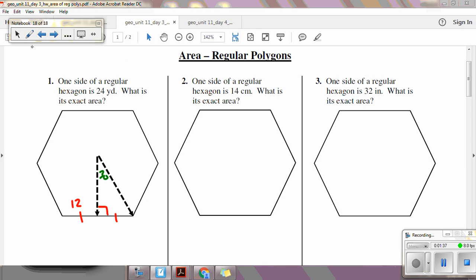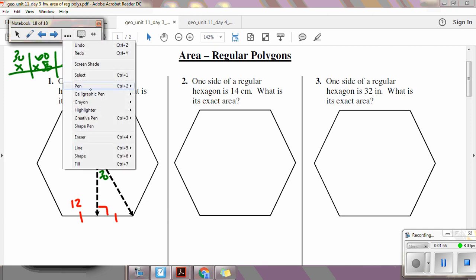So the rules are x, x root 3, and 2x. Sorry, that was supposed to go underneath.